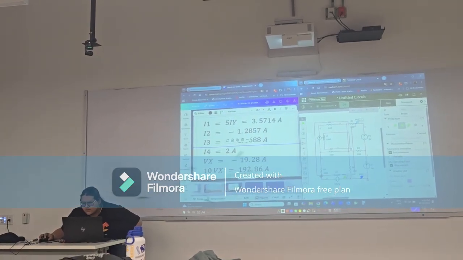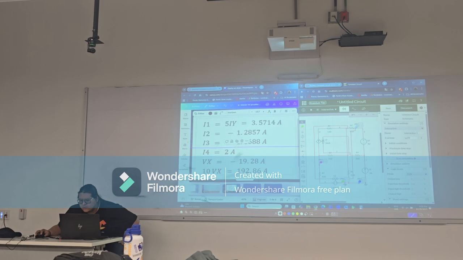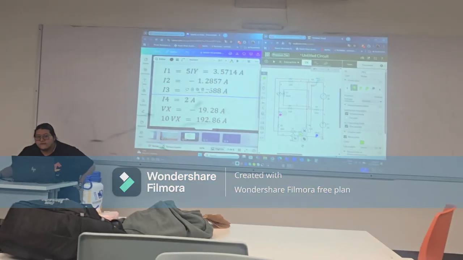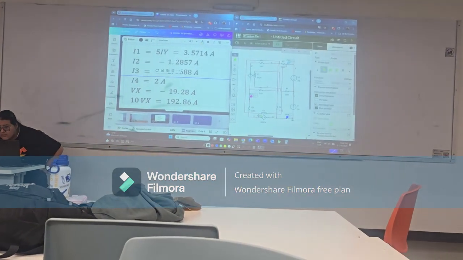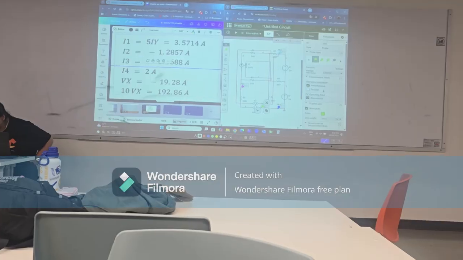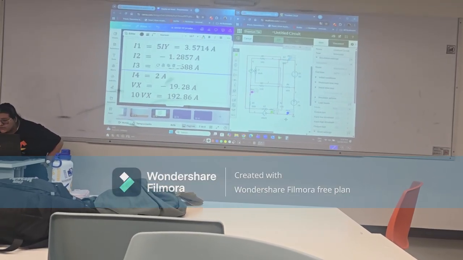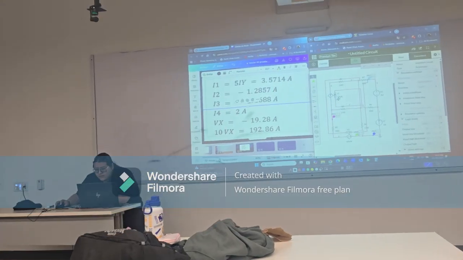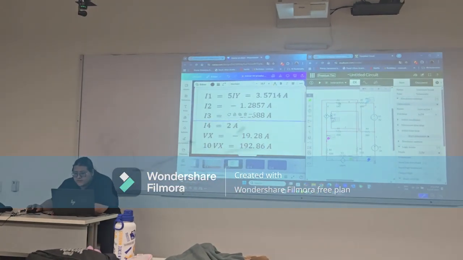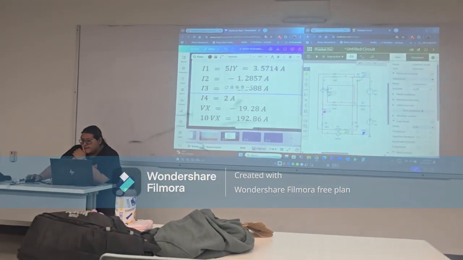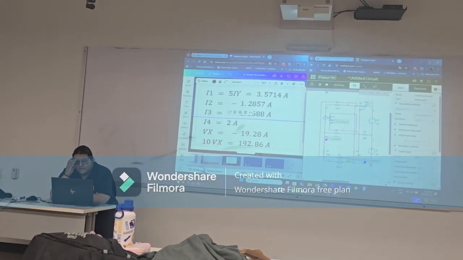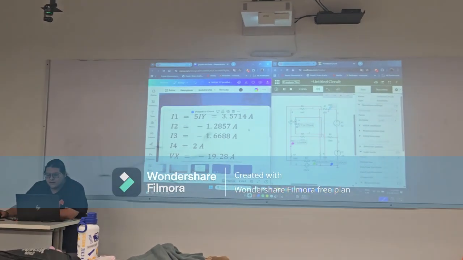I think here. This is wrong. This should, yeah, that's voltage. Vx, right? That's voltage. Current goes there. Voltage here. There. So we run it. We've already found it. Check this.